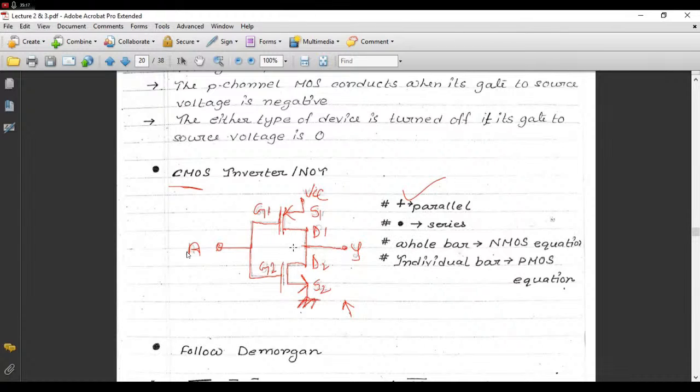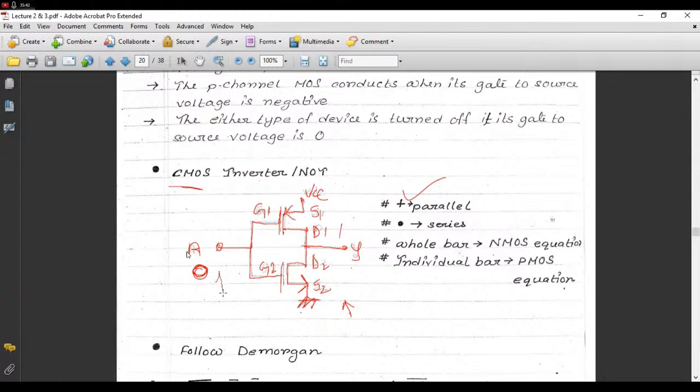So how does this work? If I apply a 0 over here, which one will be off? Here 0 means low. NMOS will be off, right? And as a result, electricity can flow from VCC towards output. We get a value of 1.